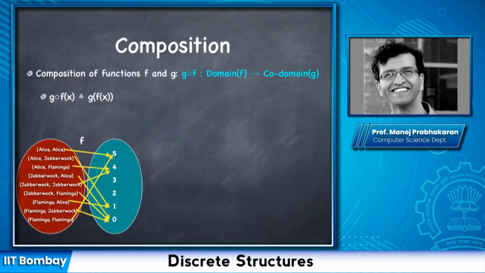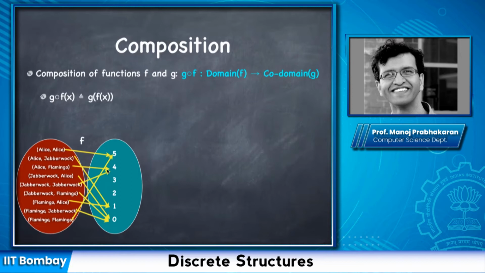Okay, so here is an example. Let's pick our f, which is assigning numbers in the range 0 to 5 for pairs of elements from Alice in Wonderland. So for instance, it assigns 5 to Alice, Alice, and 4 to Jabberwock, Jabberwock.